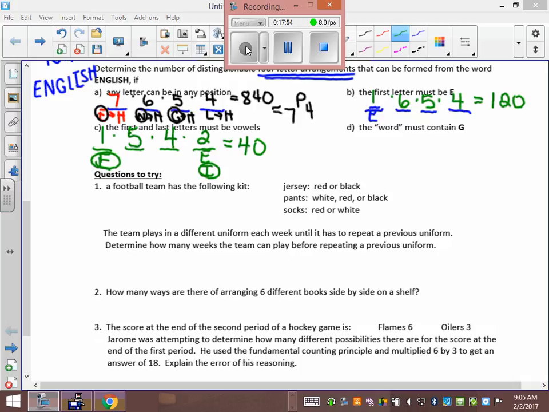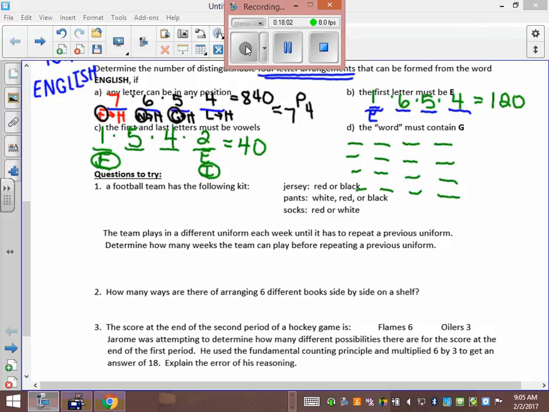So I'm going to have 1, 2, 3, 4. 1, 2, 3, 4. 1, 2, 3, 4. 1, 2, 3, 4. And then I have a case where this is G, or where this is G, or where this is G, or where this is G. Right? So for every single one of them, that blank is going to have a 1 in it, above it.